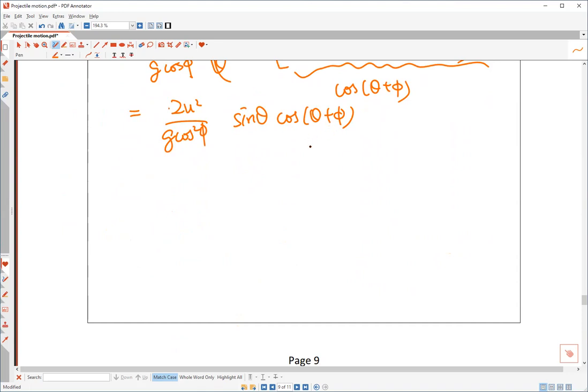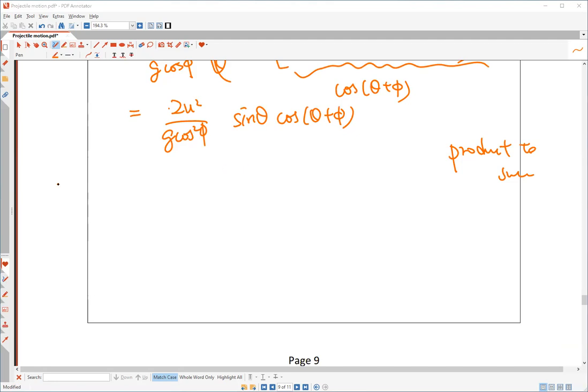So I would like to use what we call the product to sum. You can search it online, product to sum. If you need to use these formulas, the product to sum, most likely they will give you the formula.